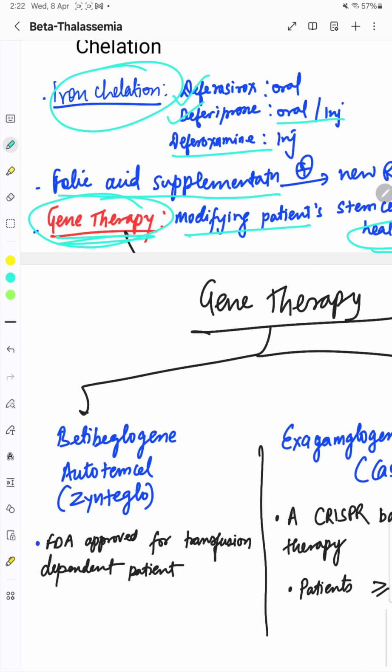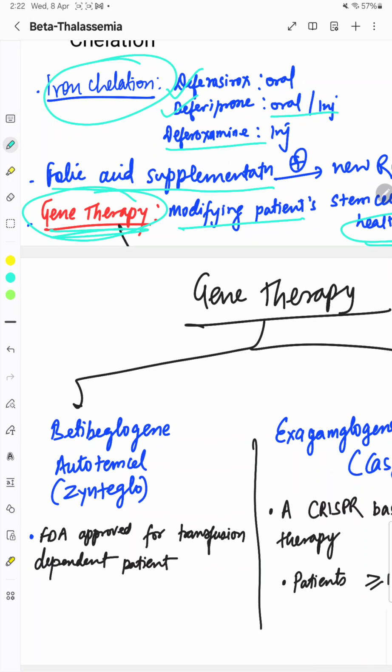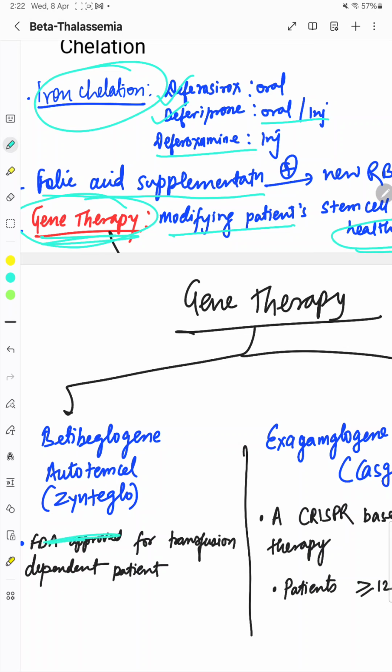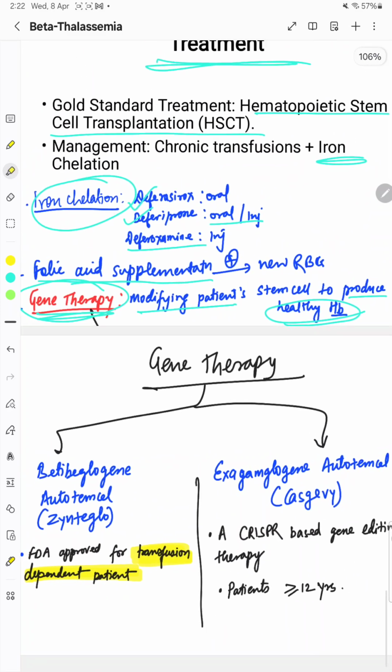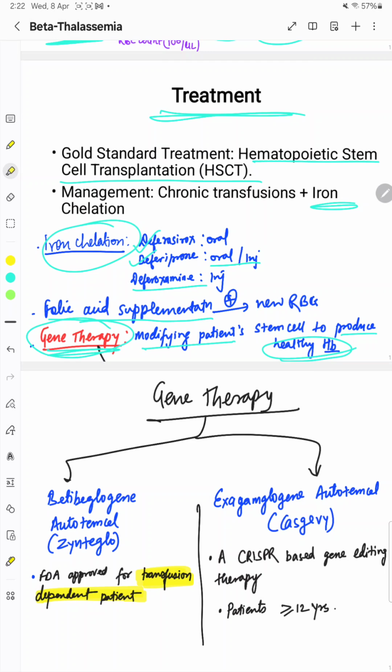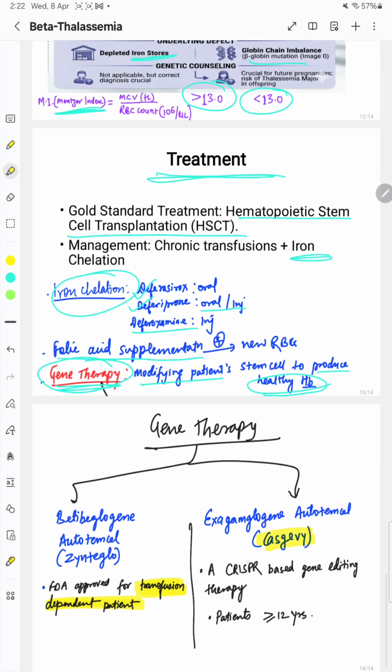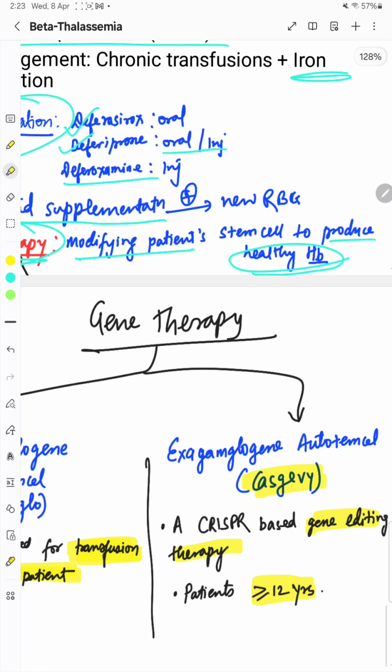Betibeglogene autotemcel, also known as Zynteglo, is an FDA approved treatment option for transfusion dependent patients, and the other one is exagamglogene autotemcel, also known as Casgevy, a CRISPR based gene editing therapy usually advised for patients 12 years or older.